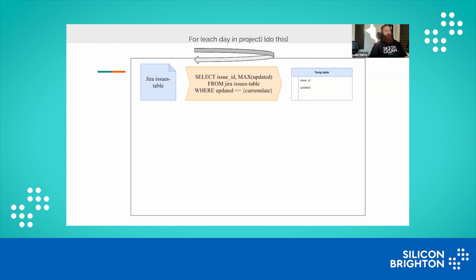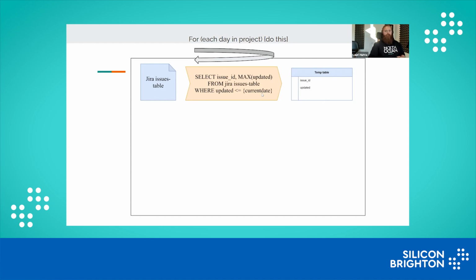And to explain, kind of with an SQL syntax, let's say that we are sending an iterator that would be the current date, and that will be Monday, Tuesday, Wednesday. It's 5 days of this project now. So on Monday, we would go into the original data set and ask it for each issue, what is the highest updated value, which is the latest ticket relative to the date that we are feeding it.